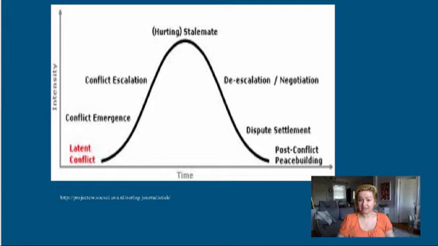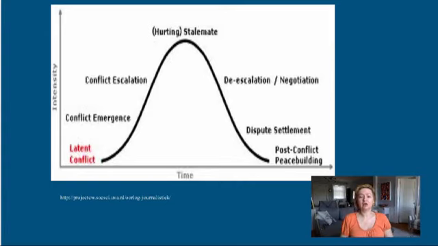Latent means hidden. So there are certain conditions for conflict, but conflict is not visible yet. And then we have conflict emergence. First instances of violence are happening, and then we have escalation. We have expansion of conflict, and that leads to violence usually.